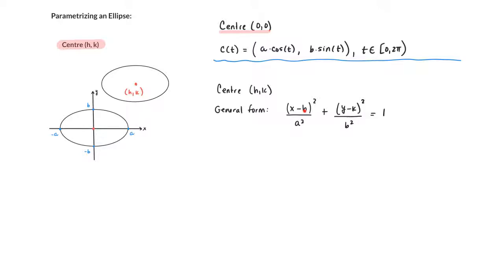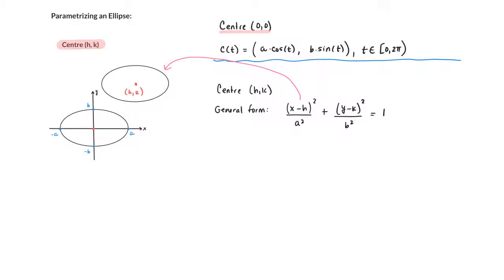You can see the h, you can see the k next to the y. a squared is the same, b squared is the same, 1 on the other side is the same as well. How do we parameterize such an ellipse? So for example, this will be the ellipse that corresponds to that general form right there. How do we parameterize this ellipse right here that is floating above?